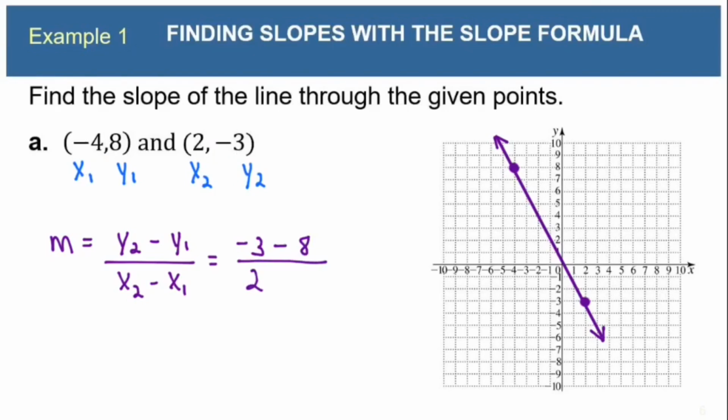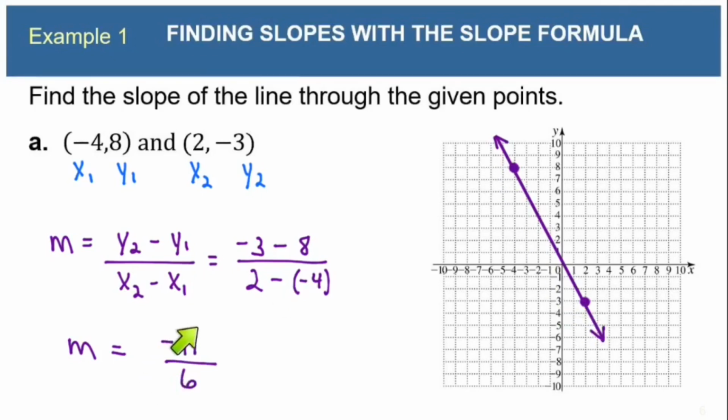And in the bottom, that's going to be 2 minus -4. Okay, now we'll evaluate. In the top, -3 minus 8 is -3 plus -8, so that's -11. And in the bottom, 2 minus -4 is the same as 2 plus 4, so that's 6. And so the slope of this line is -11 over 6.